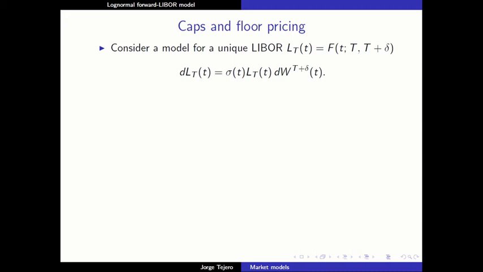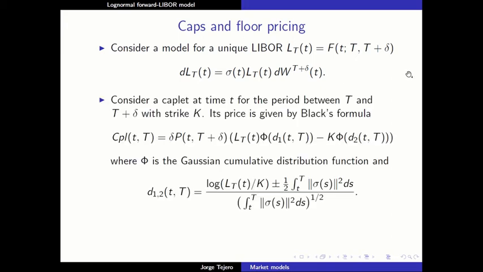We now consider formulas for pricing caps and floors. In order to do so, consider a unique LIBOR rate whose diffusion is given by this expression. Consider a caplet at time t for the period going from capital T to capital T plus delta with some strike K. Its price is given by Black's formula, where this phi is the cumulative Gaussian distribution and d1 and d2 are given by this expression, which depends on the LIBOR rates and its volatility.